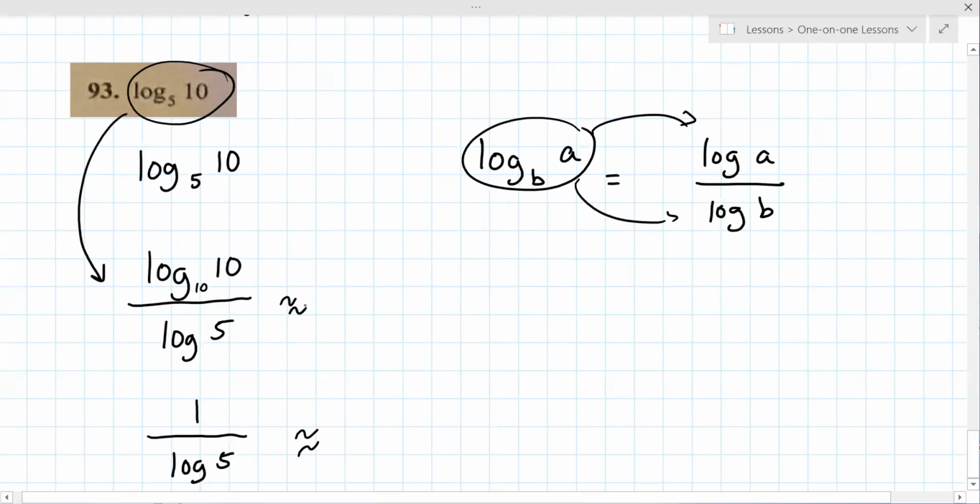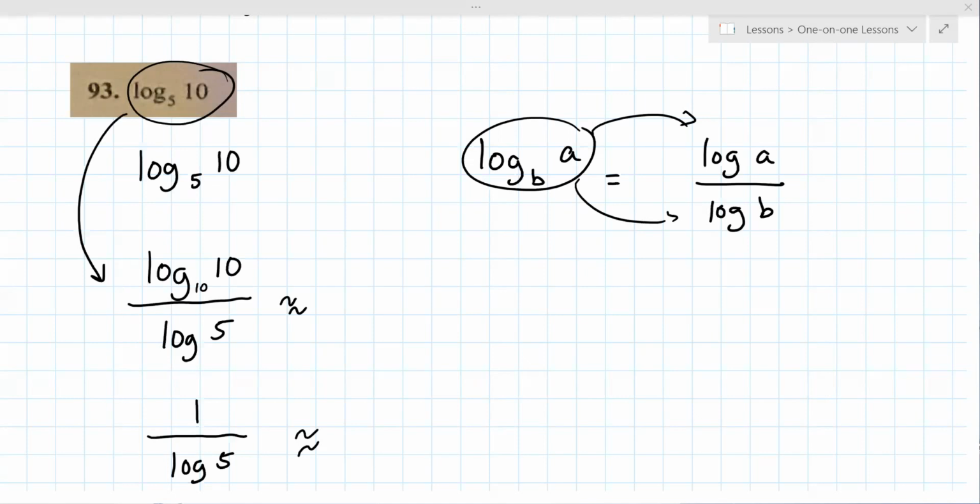So these are all calculator problems. Let me see if I still get the same answer. All right, so we got 1 divided by log 5. Perfect. The rest of them are just calculator questions in here, so I don't know which one we're going up to, but the last one will just be 95.